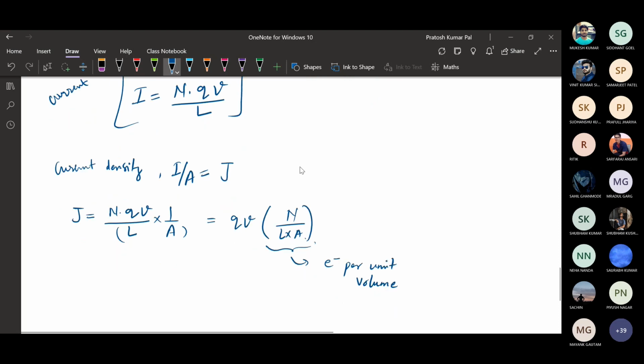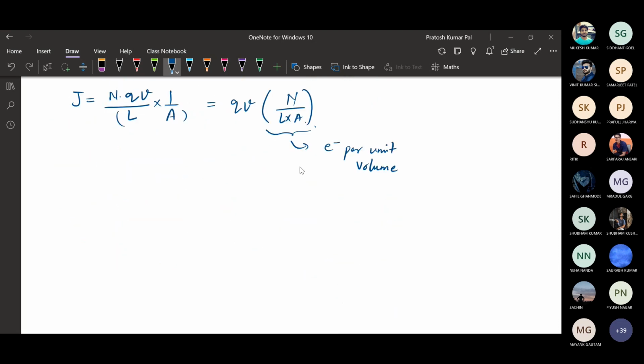So as this is electron per unit volume, the number of electrons means number of free charge carriers per unit volume. So this is nothing but the concentration of charge carriers, that is concentration of electrons. This can be equivalent to N, that is the concentration of free electrons.